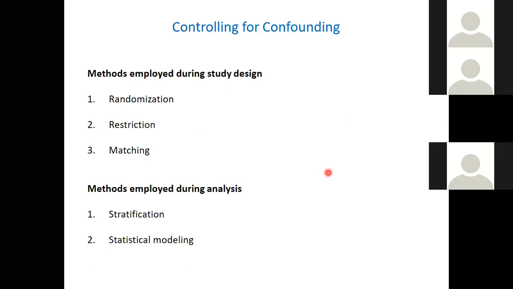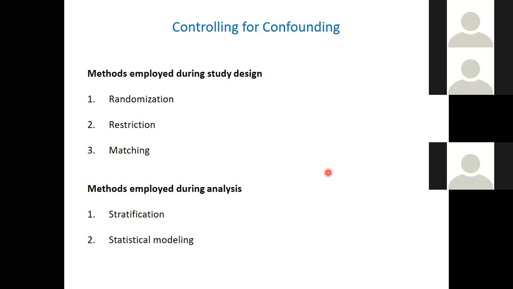That is what we mean by restriction. You have restricted your participants to those that are not smoking. In that case, if you didn't recruit anybody that is smoking, there's no way smoking can confound again.